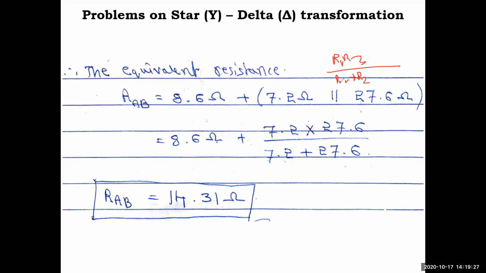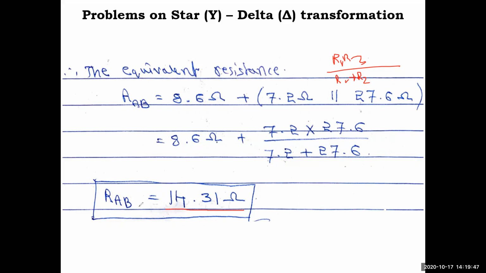So 7.2 into 27.6 divided by 7.2 plus 27.6. Calculate this in the calculator, add 8.6, and you finally get 14.31 ohm. That is the single resistance between A and B.